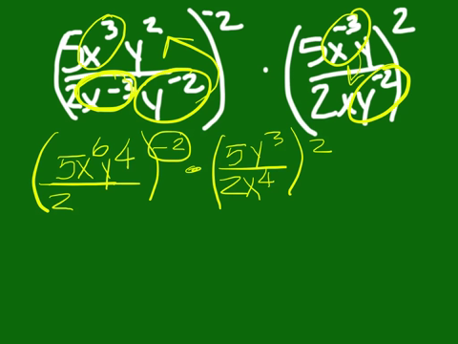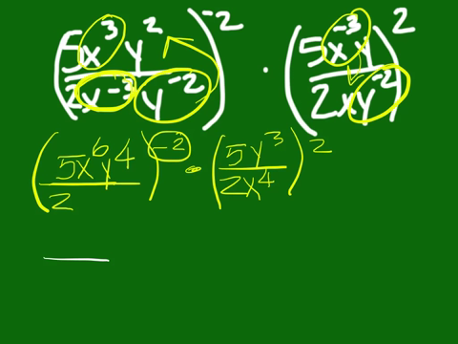Now, since this one is to the negative 2 power, what can I do with the top of that left-hand fraction? Yeah, you're going to flip the result down. So I'm multiplying every exponent in there by what?